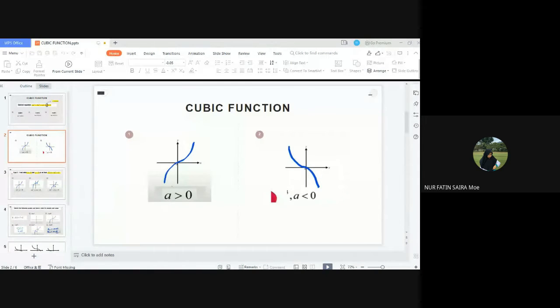So we have f(x) equals ax cubed plus d, where d is the y-intercept. In the first picture, ax cubed, the y is 0, so the line is going to cross at this part. The second picture is ax cubed plus d, where d is positive, so it crosses at the positive section. And the third picture is ax cubed.